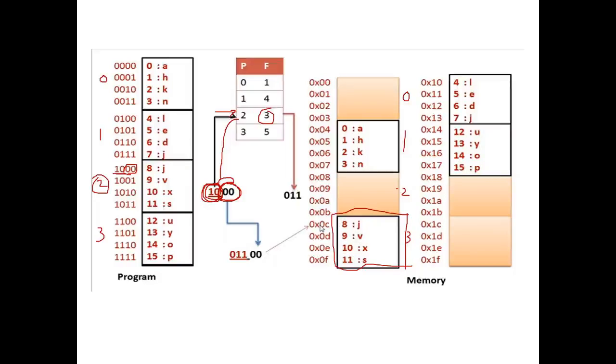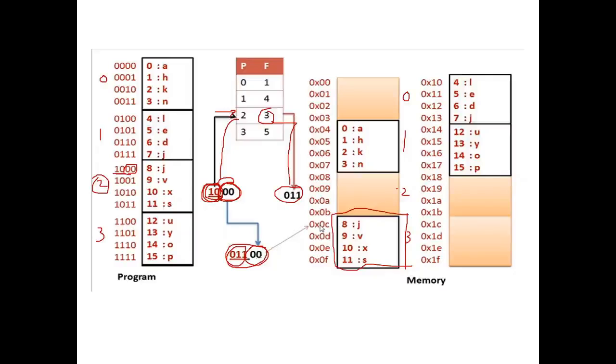Now to generate the physical address, it has to be translated. The instruction number has to be added with the frame number. So what is our frame number? This is the address of the frame number, and this is the instruction number.